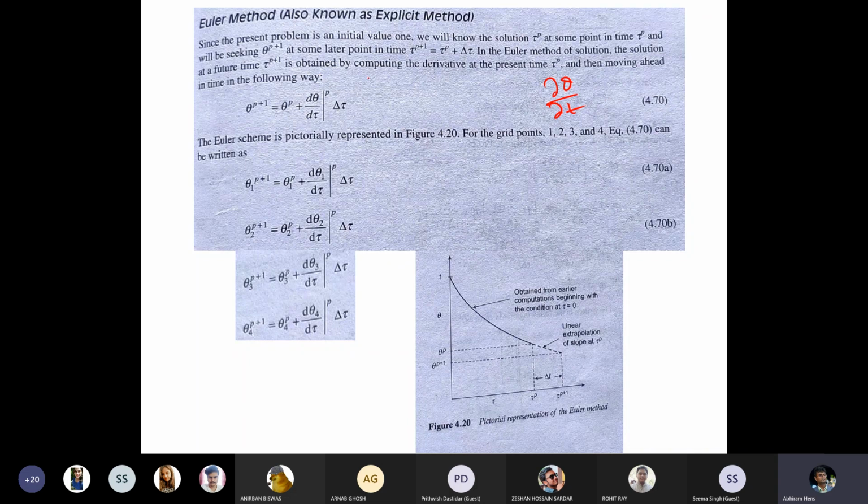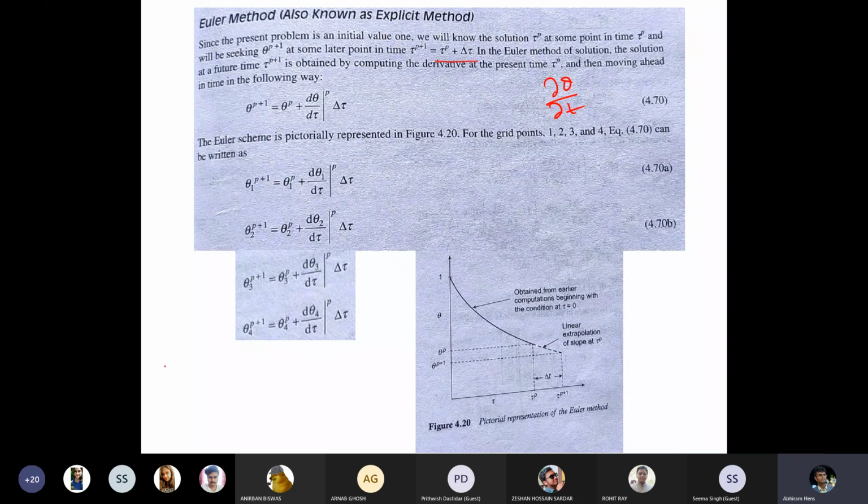Since the present problem is an initial value problem, we will know the solution at some point in time tau p, and we will be seeking theta p plus 1 at some later point tau p plus 1, which is equal to tau p plus delta t.